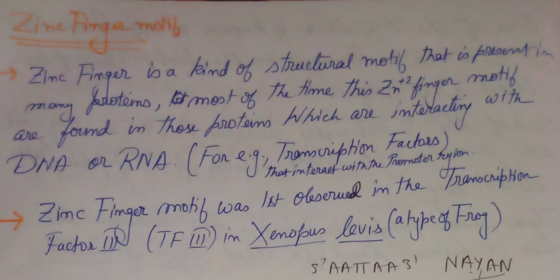Zinc finger is a kind of structural motif that is present in many proteins. Most of the time, these zinc finger motifs are found in proteins which interact with DNA or RNA.